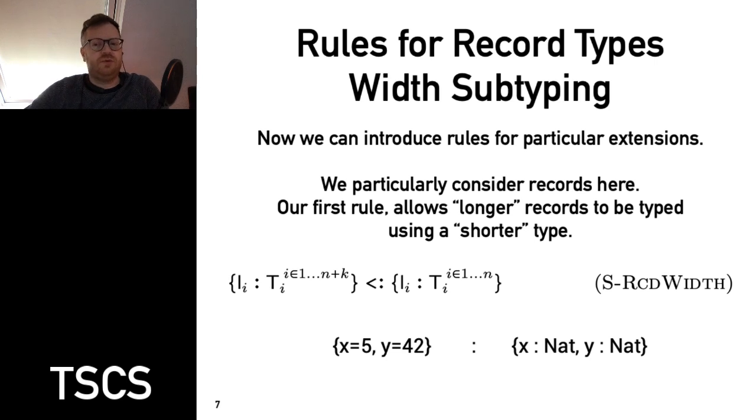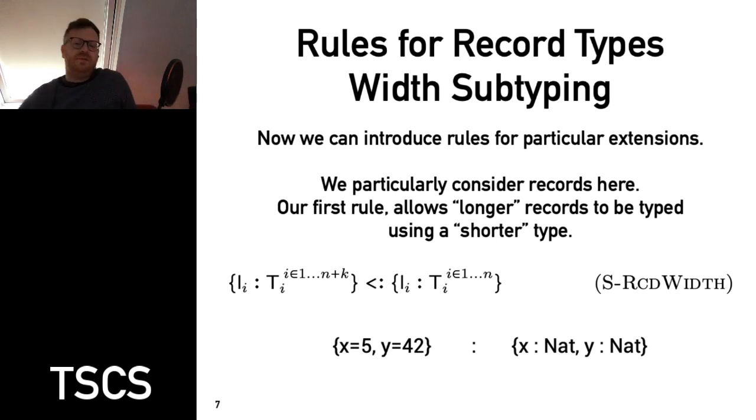We need to actually introduce rules for particular extensions. We cannot just simply say it works for everything, because we need to actually define what is a subtype of what. And in this case, we defined a rule for the width of a record. So we say that when we have a record, that's the thing on the right side, l_i typed as big T_i, where i goes from 1 to n, we can also have a subtype of that, l_i, T_i, where i goes from 1 to n plus k.